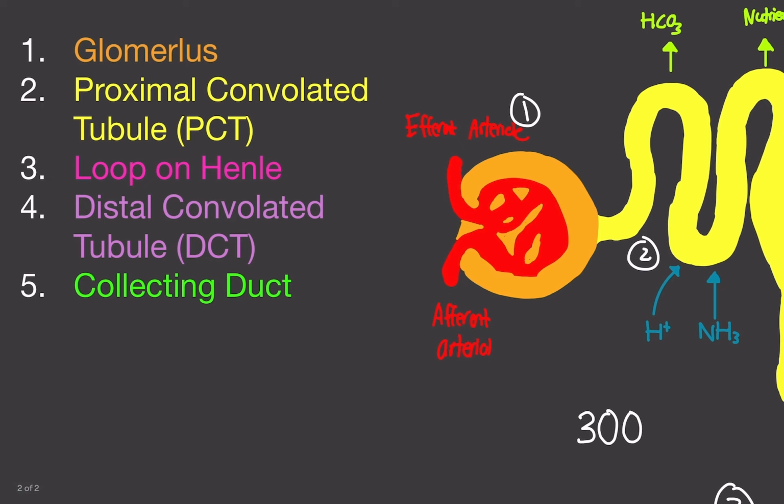It's really cool, actually. Say your body wants to filter more blood, to get rid of stuff and really filter stuff out. What we can do is constrict the arterioles, creating more pressure.